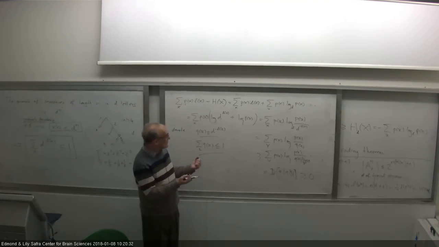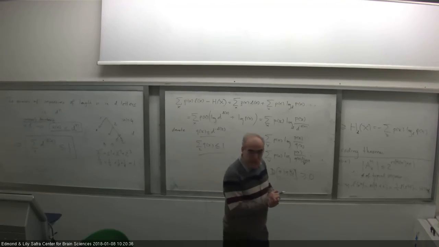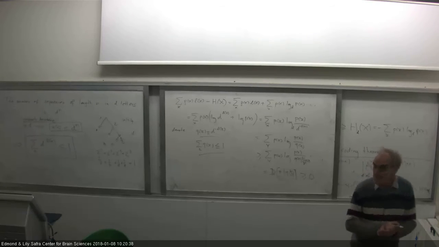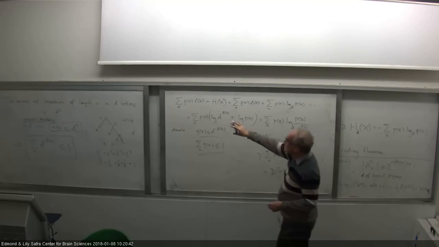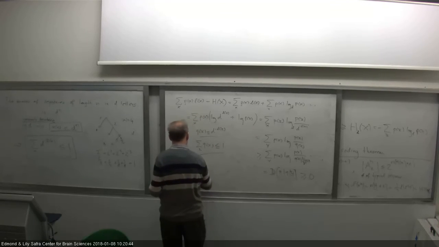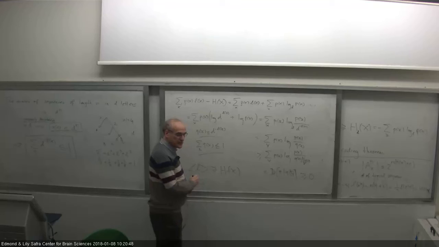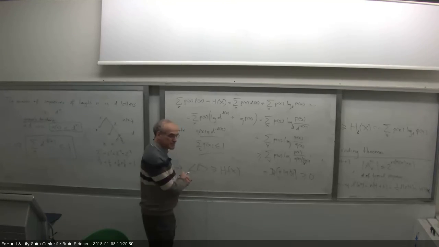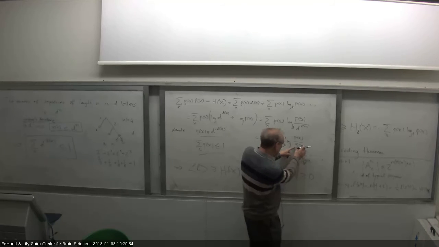Okay, so you see miraculously that the Kraft inequality allows me to prove that the expected length per letter is greater than the entropy. That's what we proved. So in order to use the KL divergence, I need to normalize these numbers.